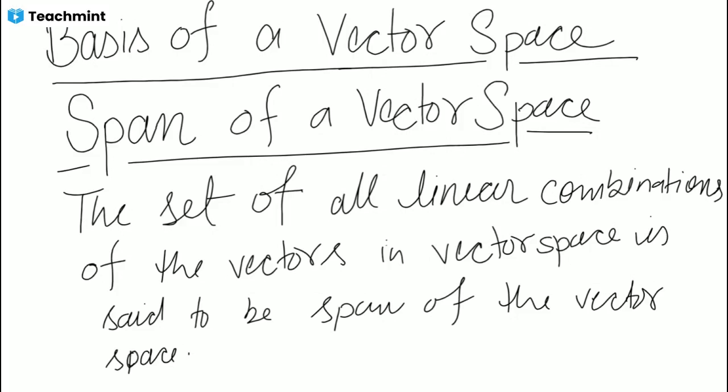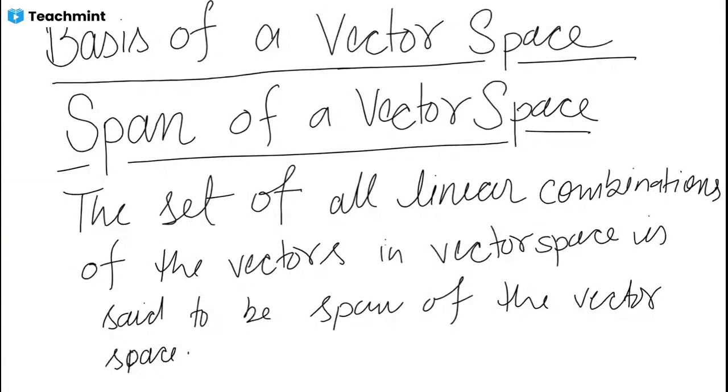As we have formed R as a linear combination, having R1, R2, up to Rn. You remember we did R for linear combination? So the set of all of these linear combinations is said to be the span. In a span, obviously we take linear combinations of vectors, not just the vectors.